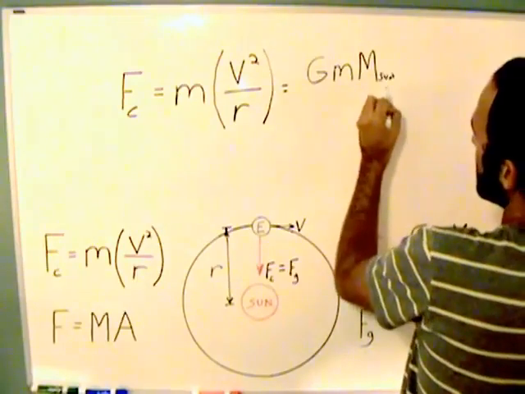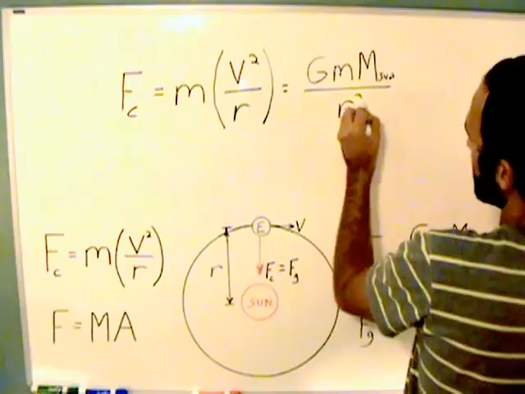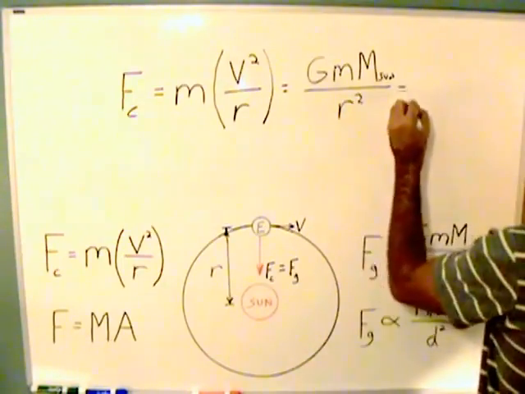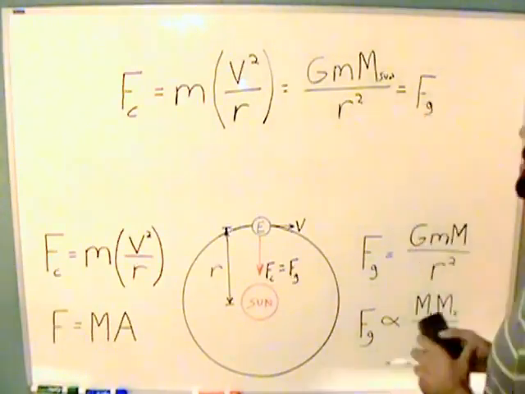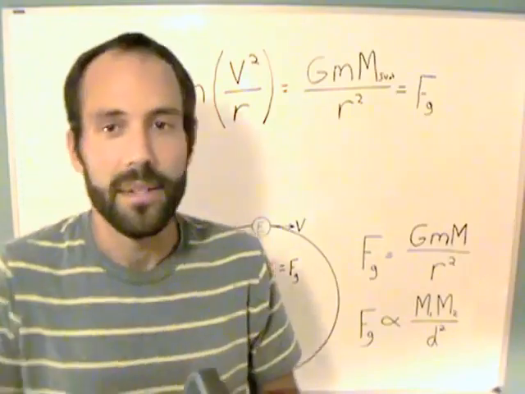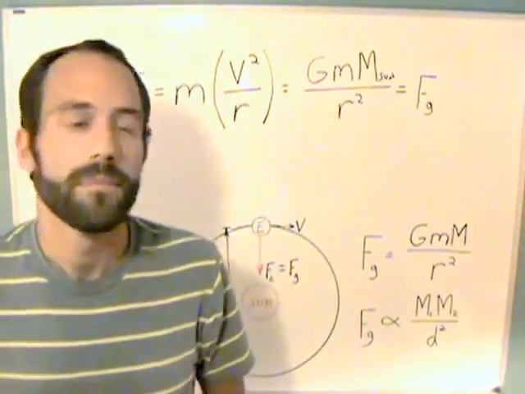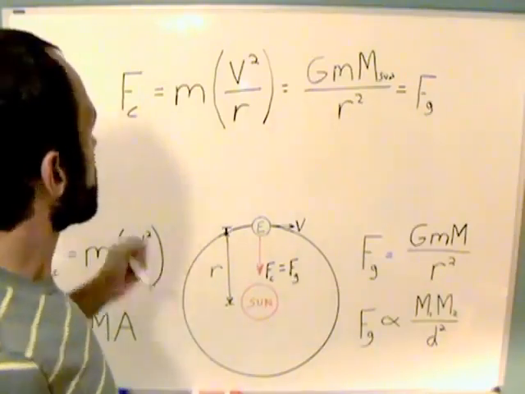I'll write M Sun here to clarify that, divided by the distance that object is from the Sun squared, and that's equal to the force of gravity. These are said to be equal, and this is how the solar system was built, or how they applied numbers to our solar system. Well, this math is canceled.